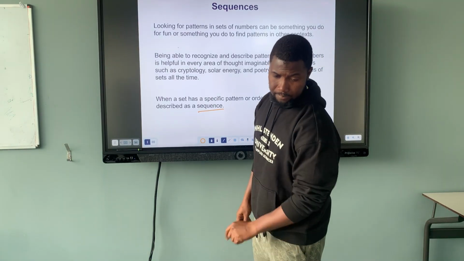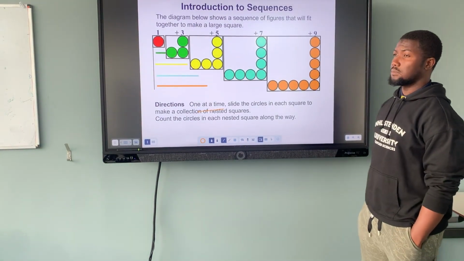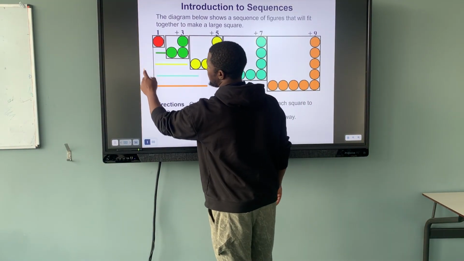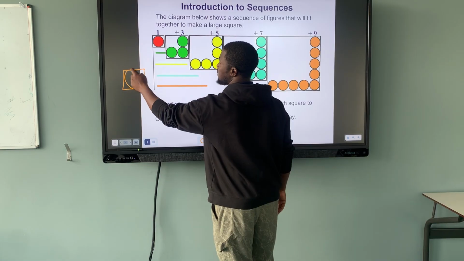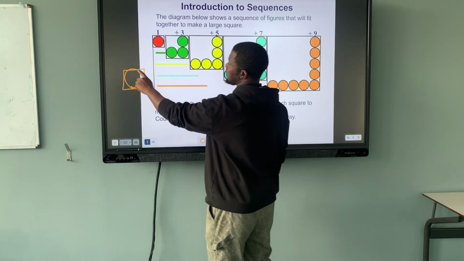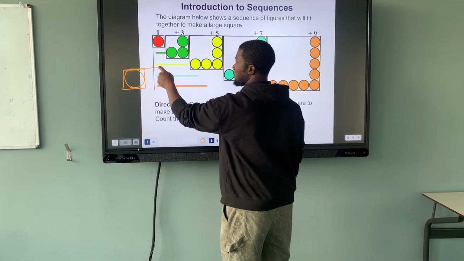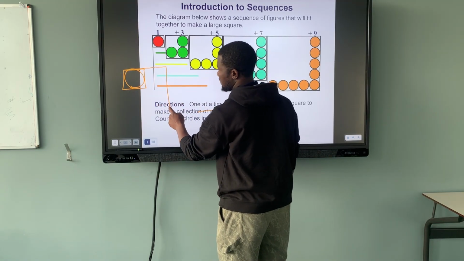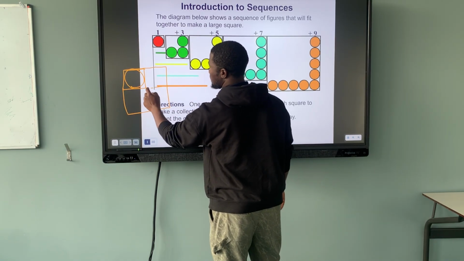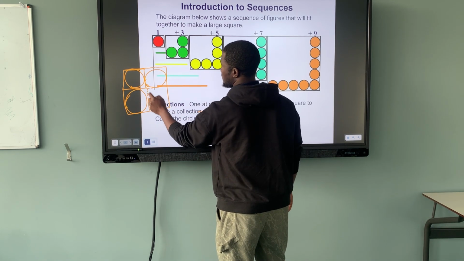Let's look at this diagram. There is some description about squares that are touching all the sides. For example, if you have a square and a circle inscribed, for the circle to touch all the four corners, it means it has to be 1. If you want to increase the square, for you to have all the circles touching, you have to add 3 circles to the first one.